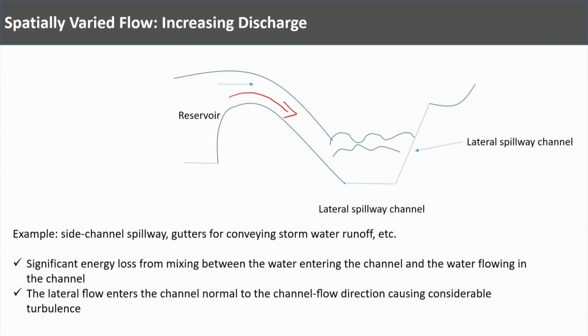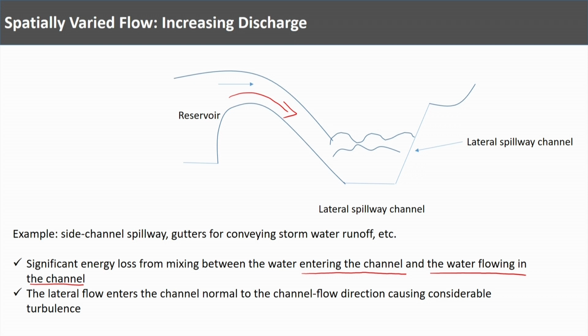As I said earlier, there is a significant loss of energy from mixing between the water entering the channel and the water flowing in the channel. Therefore, we cannot account for the energy loss here, so we are not using the energy equation in this case.